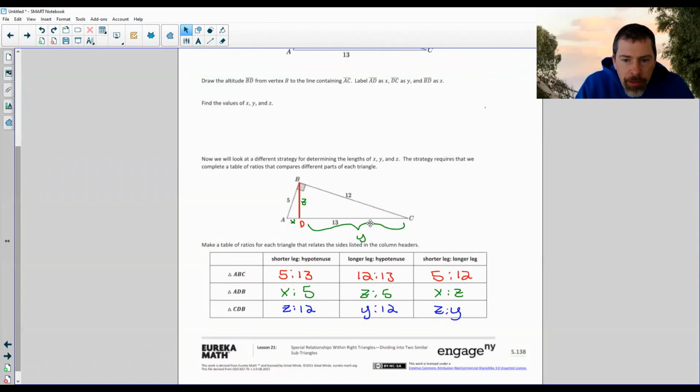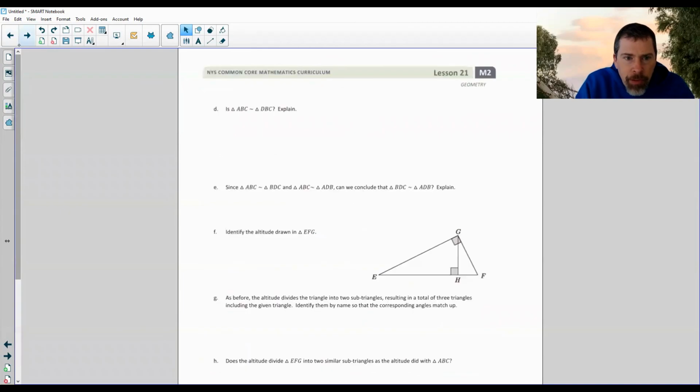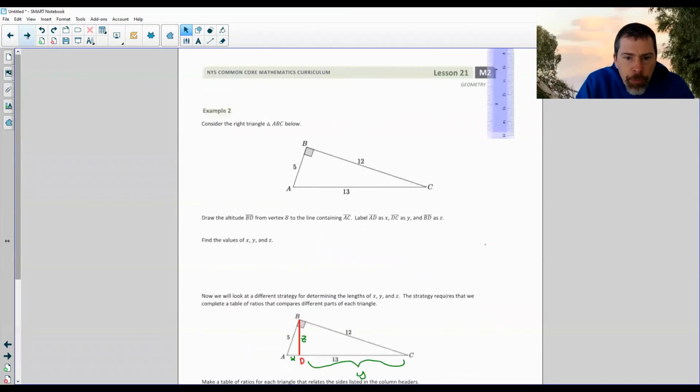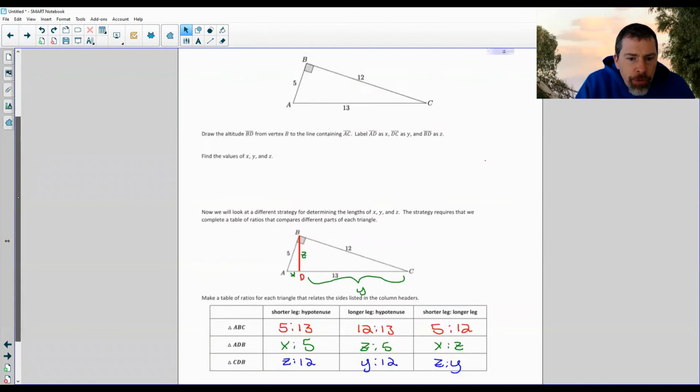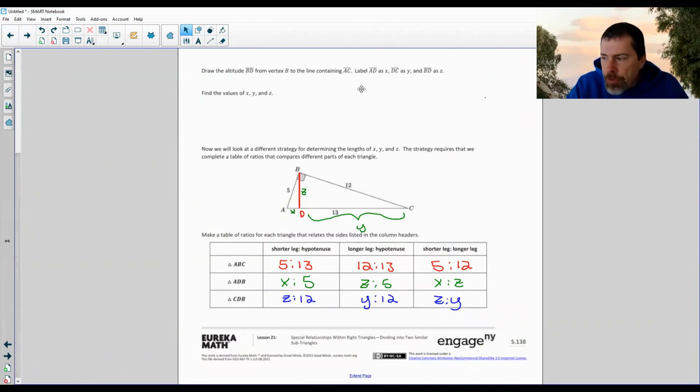CDB is this medium one, and ABC, the big one. Did I do that right? CDB, ABC. Yes. Okay, so I'm going to use this table to answer these questions.